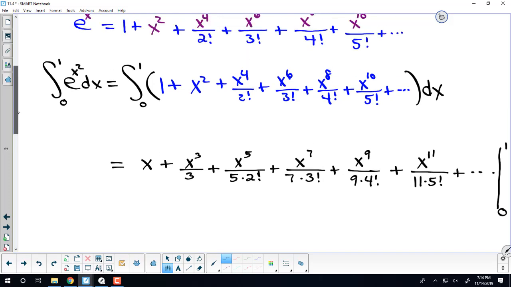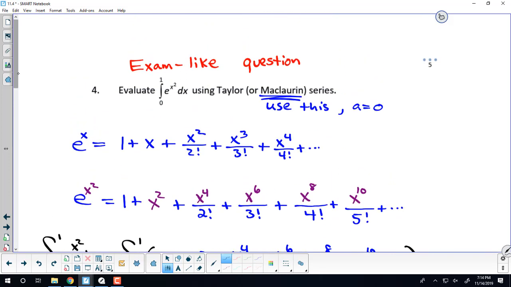So we'll just go ahead and stipulate that we want to evaluate this with an error of less than, we'll just say 10 to the negative 2.